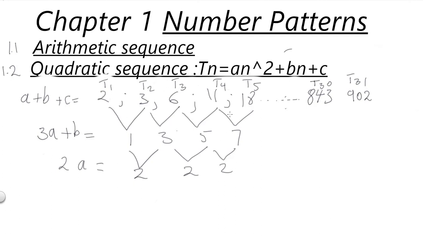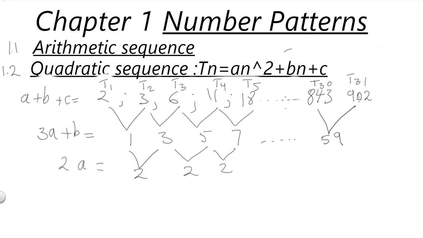So here the difference between these two terms will give you 902 minus 843. So the answer here will be 59. Can you see? So the question can be, where they don't tell you which term is 843 and which term is 902, but they just ask you, what is the difference between these two terms?